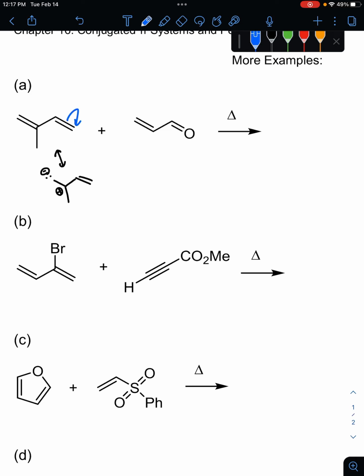Hopefully you can imagine that this tertiary cation I drew here is better than having a secondary cation right there with the other possibility for the resonance structure. So we could say that this is somewhat of a legitimate resonance structure.